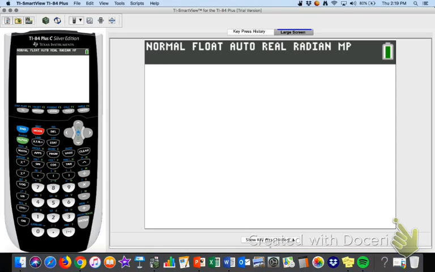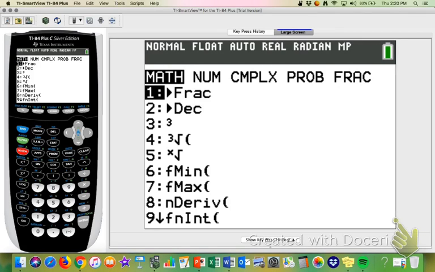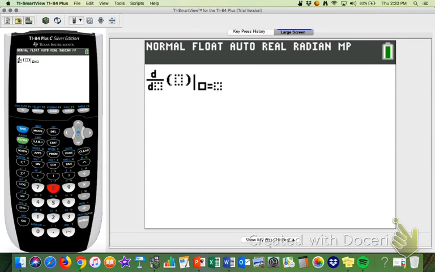Okay, so when you are in the regular calculator mode, you can go to the Math menu and you can choose option 8. So option 8, and my calculator is in something called Math Print. Math Print makes it look a little bit more like the actual way that we would write it. If your calculator doesn't look like this, then bring it to me and I can show you how to put it into Math Print. So let's say that we want to evaluate the derivative of f of x equals x cubed plus 3x.